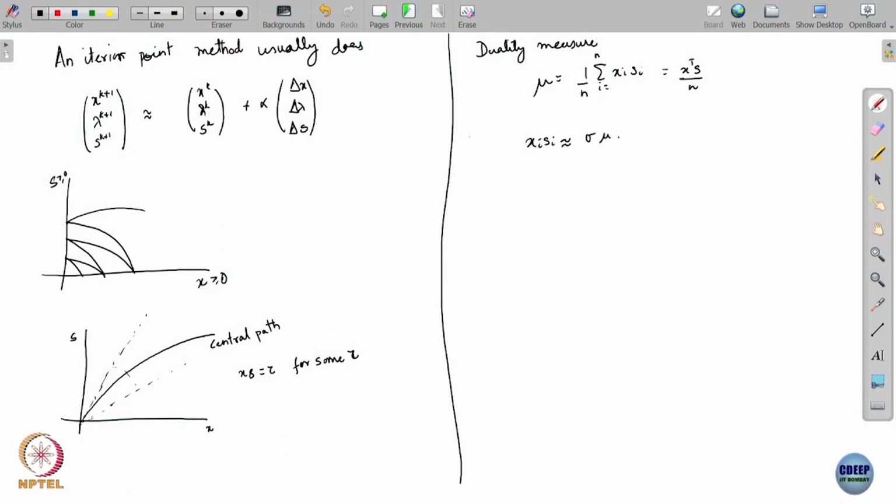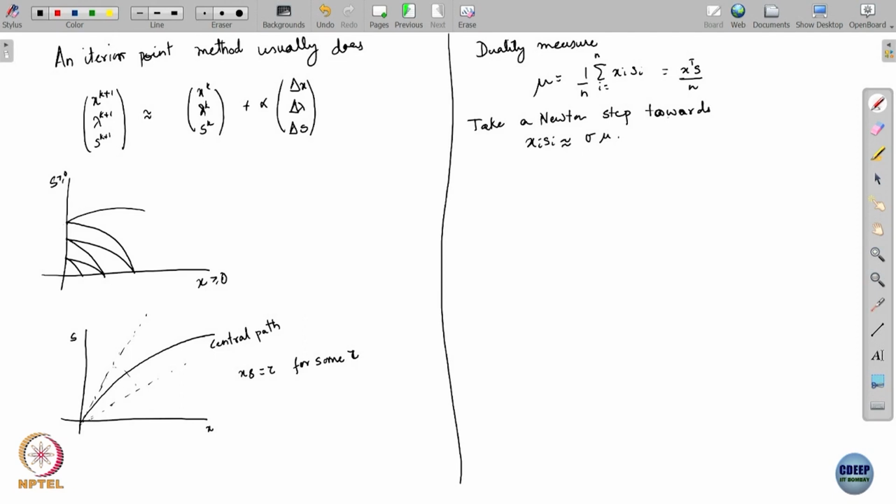So, it does take a Newton step towards this particular path. In short, it is taking a Newton step, but trying to make sure that it remains in the vicinity of this central path, because it wants all the products xi si to be approximately sigma times the duality measure.